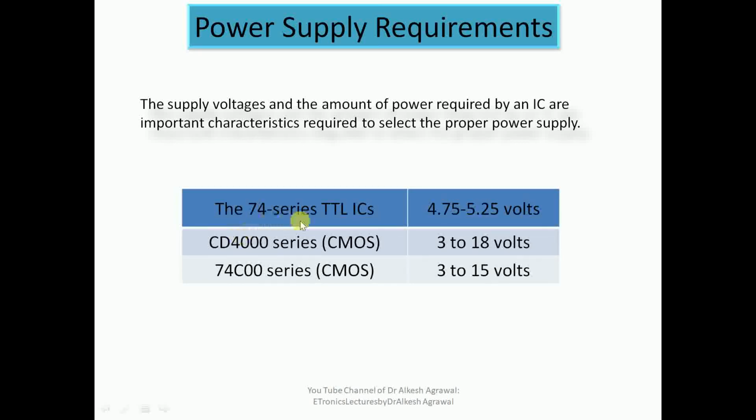That is, 74 TTL ICs are operative from 4.75 to 5.25 volts. If we have the CD 4000 series in CMOS, they are operative between 3 and 18 volts, and if we have the 74C00 series in CMOS, they are operative from 3 to 15 volts. So these are standard power supply requirements for different IC series.